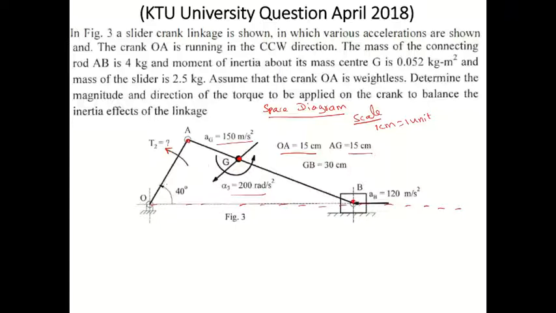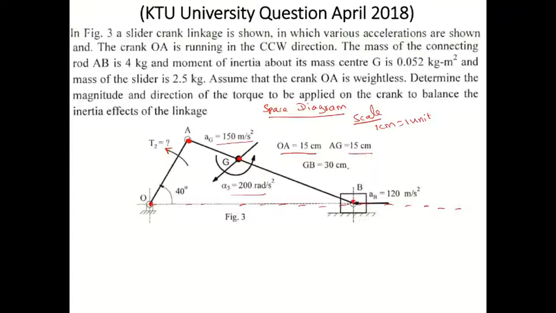Take your protractor, keep it on this point O and take 40 degrees. Then on this 40 degree line, OA is 15 centimeter, so draw a 15 centimeter line. Now A to B is 15 plus 30, 45 centimeter.